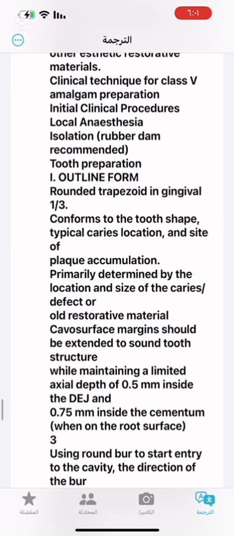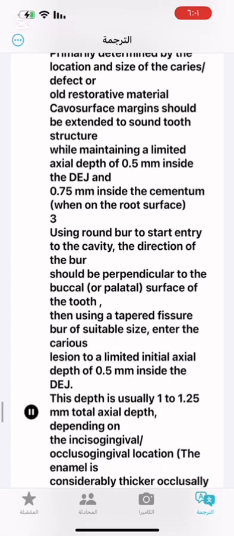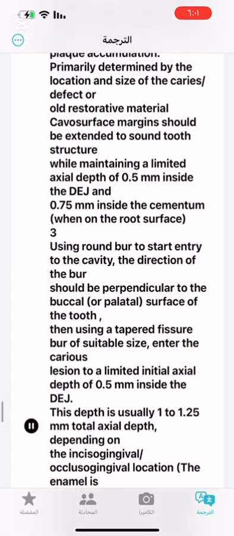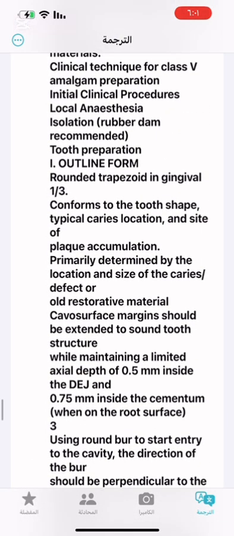The preparation for an amalgam restoration typically requires 90° cavosurface margins, specific and uniform axial depths, and incorporation of secondary retentive features, all of which result in a less conservative preparation than that for other aesthetic restorative materials.